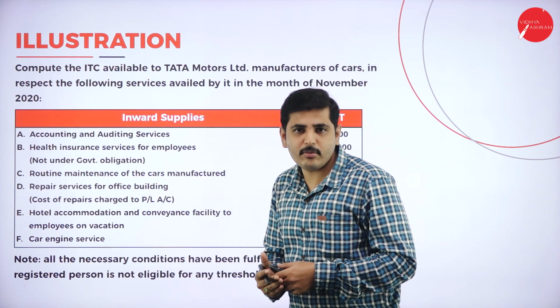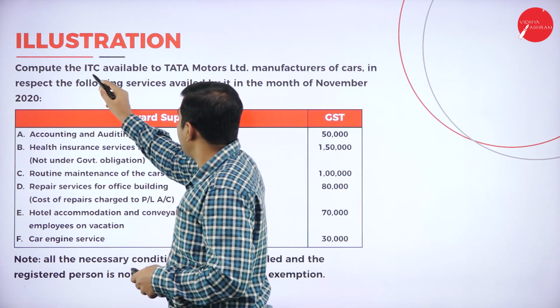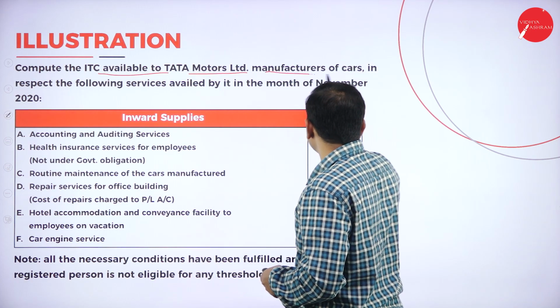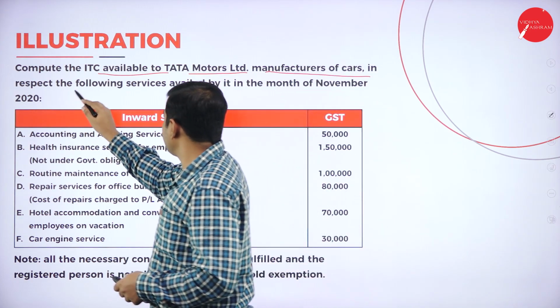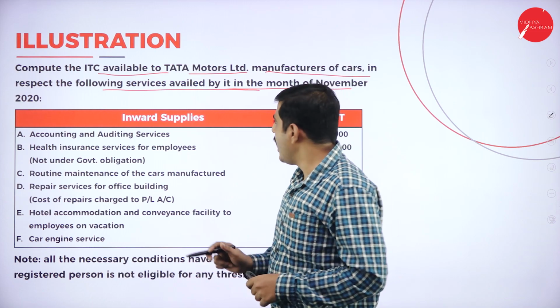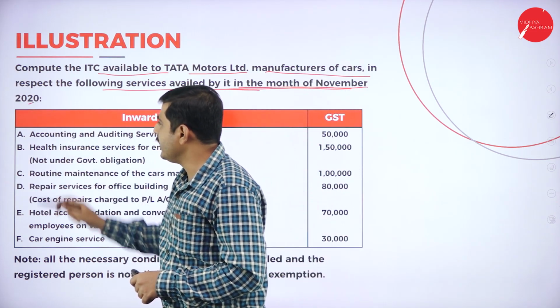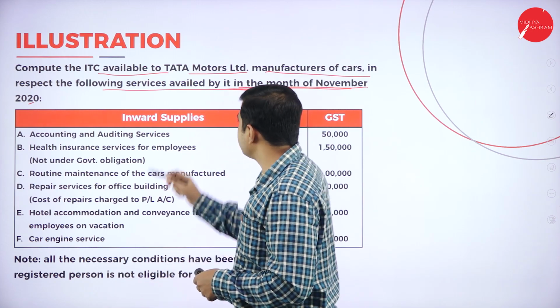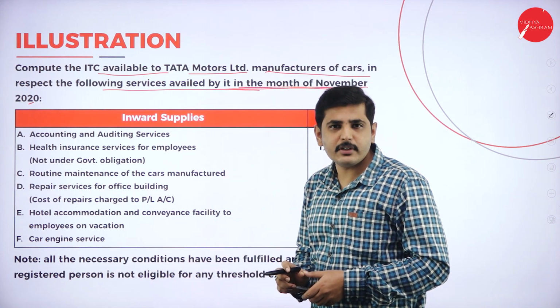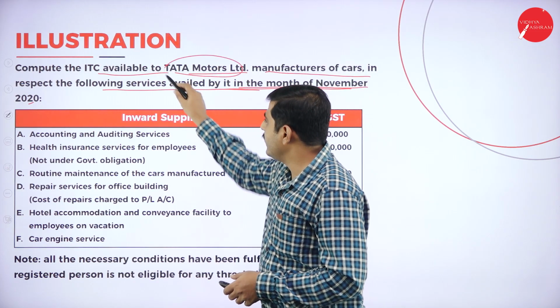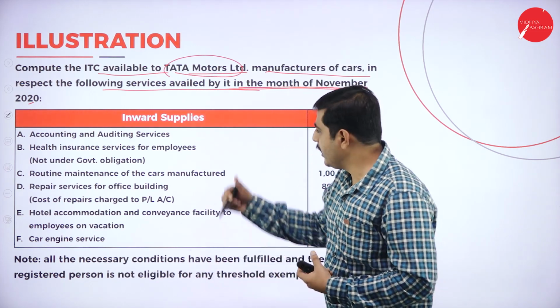Now let's go to the first problem. Compute the ITC available to Tata Motors Limited, manufacturer of cars, in respect of the following services availed by it in the month of November 2020. So here Tata Motors is the input service distributor. Now Tata Motors is calculating the tax and it has given some information.